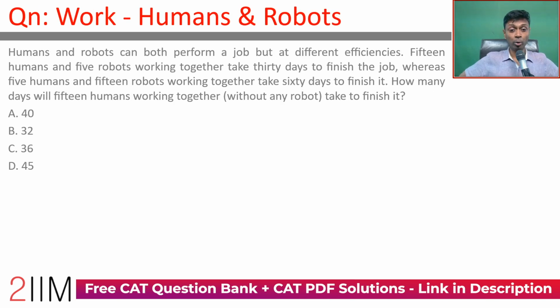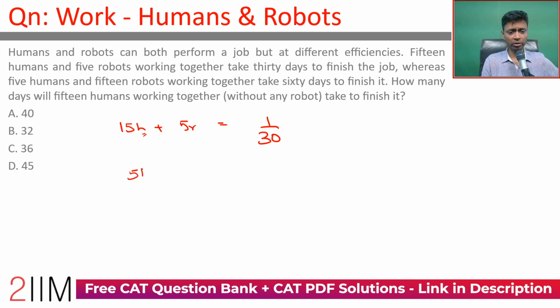Humans and robots can both perform a job but at different efficiencies. You can imagine that. 15 humans and 5 robots working together take 30 days to finish a job. 15 humans and 5 robots, they take 30 days, or in one day they finish 1/30th of the job. I'm using H as a proxy for how much a human can do in a day.